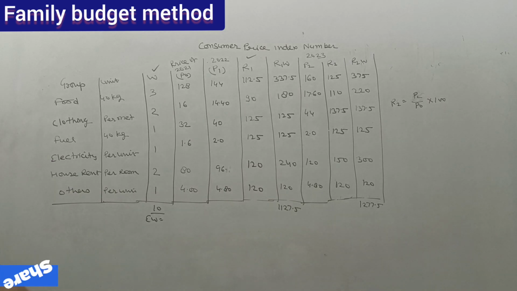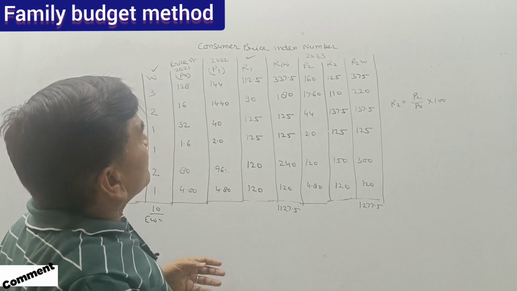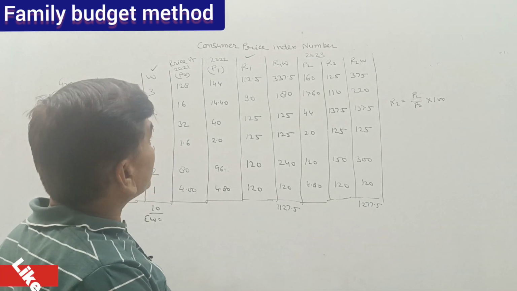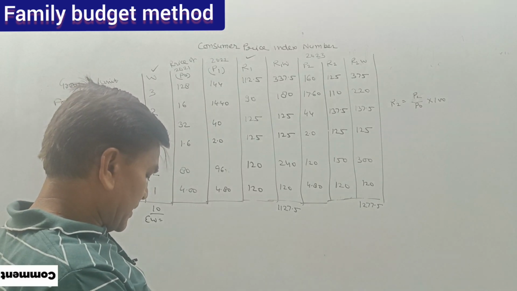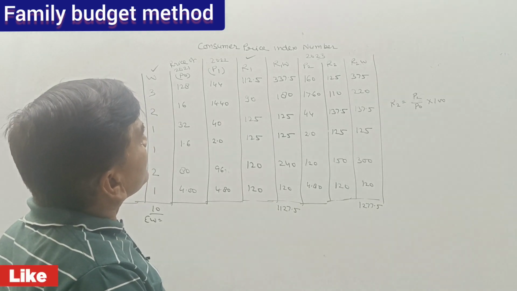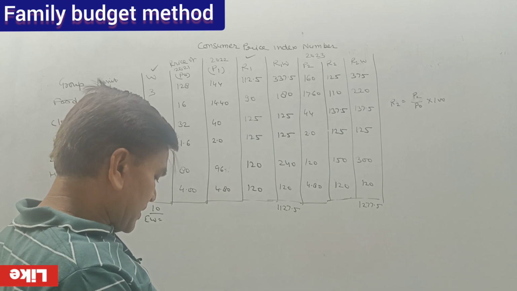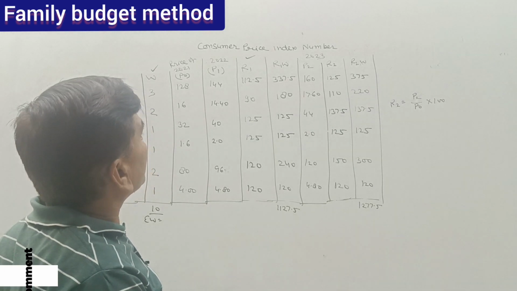Some difference is there, so first check this. 160 divided by 128 is 125. Then 17.6 divided by 16 is 110.